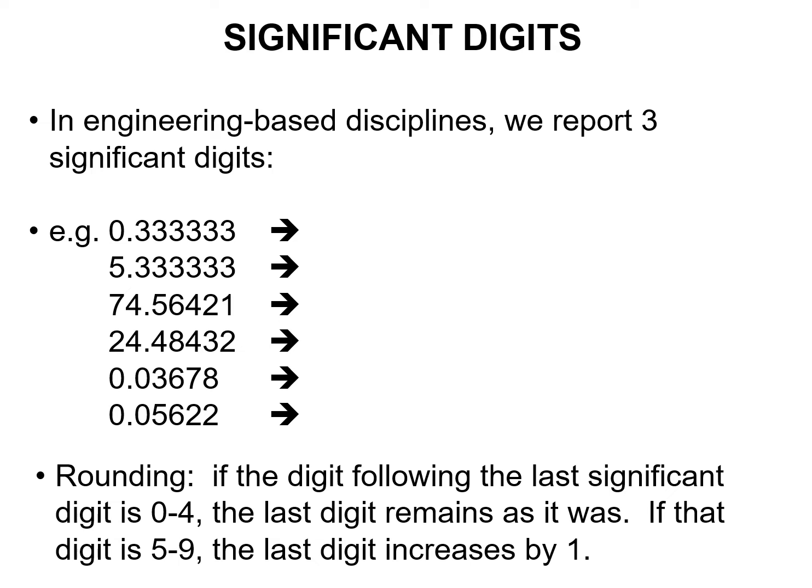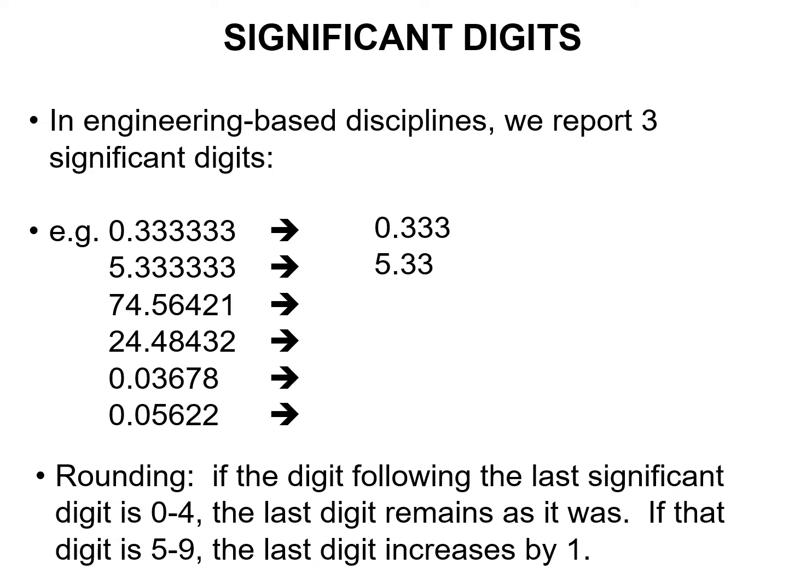If we're reporting to 3 significant digits, we have 0.333. The same goes when we say 5.3 repeating. The 5 counts as a significant digit. So what we'd report is 5.33.